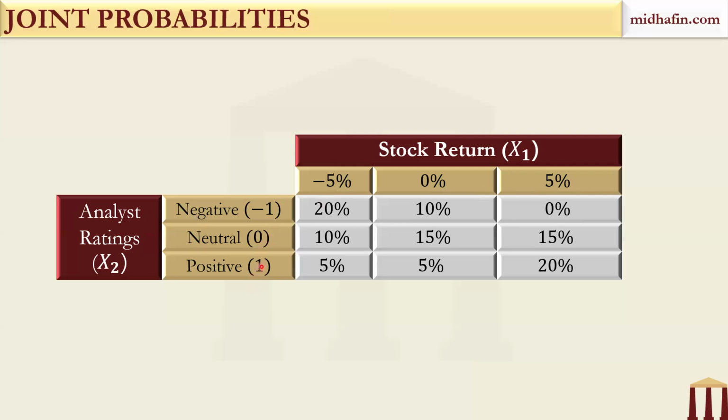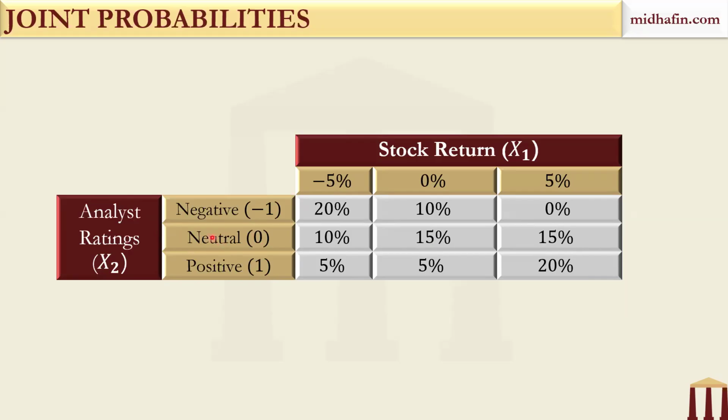So what do these numbers mean? These are joint probabilities. For example, this 15%, the center one, means that the probability that the analyst rating will be neutral, which means it will take the value 0, is... the 0 is just a number we are using to model neutral, nothing special about it.